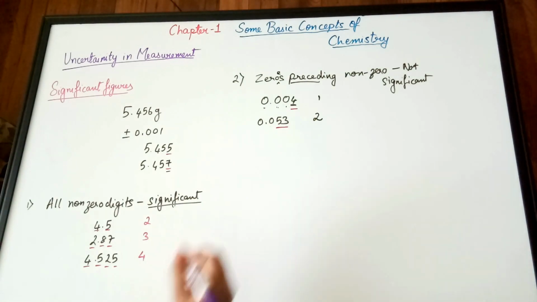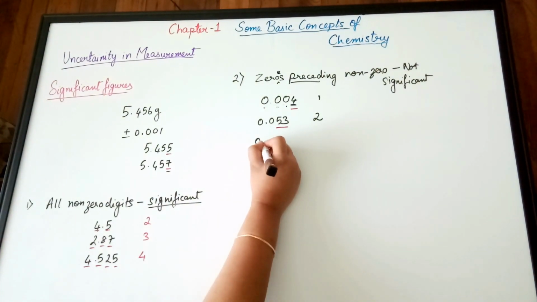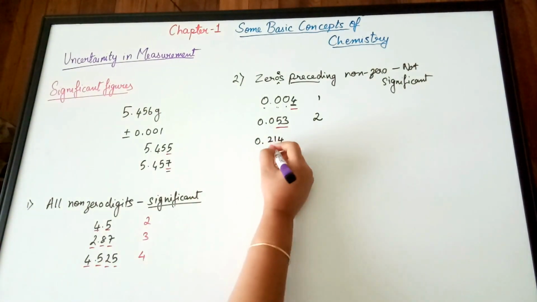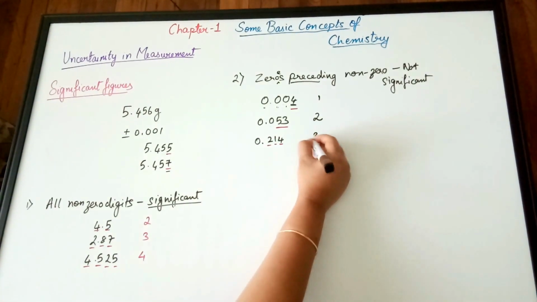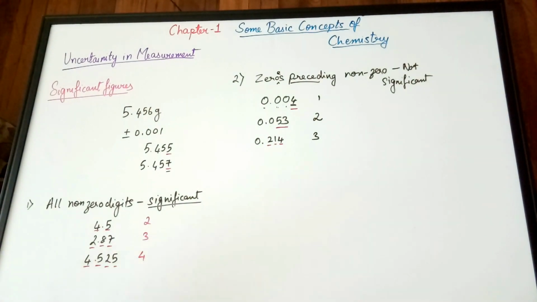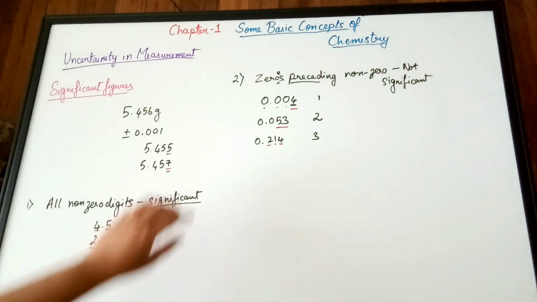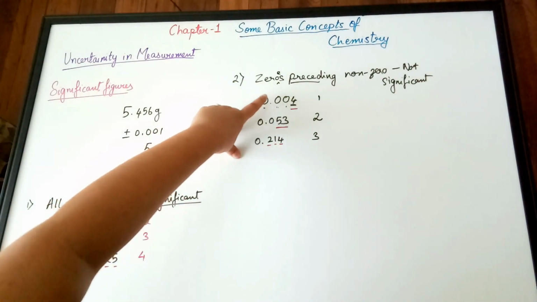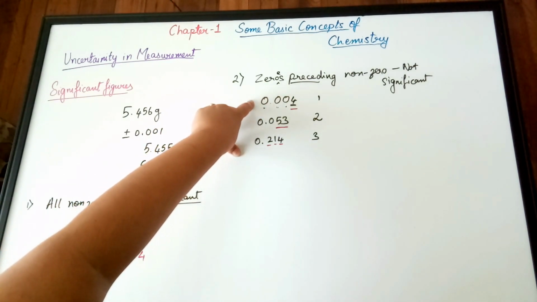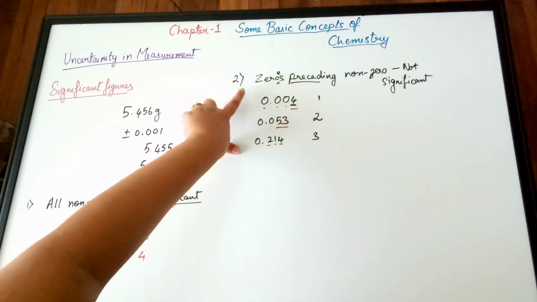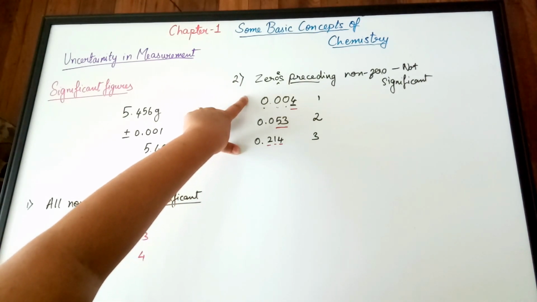And in the third case, 0.214 has 1, 2 and 3 significant figures. So the first rule is about the non-zero digits, all of which are significant. The second rule is that the zeros which are before the first non-zero digit are not significant.